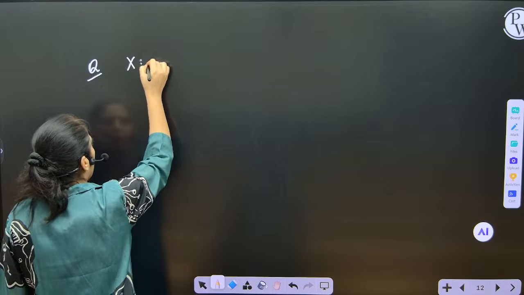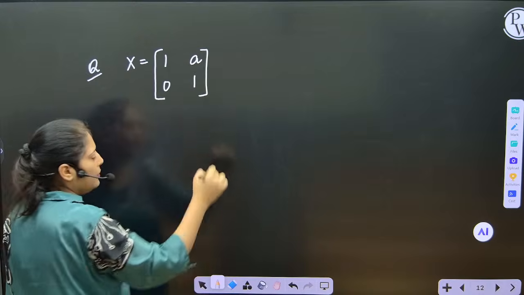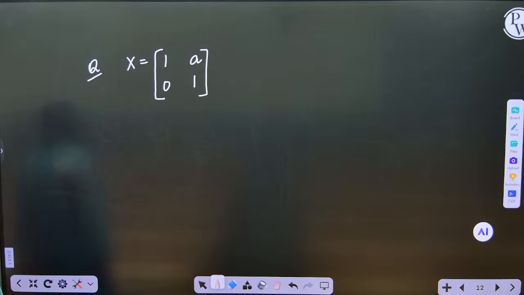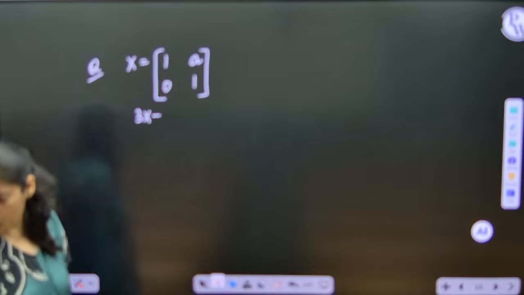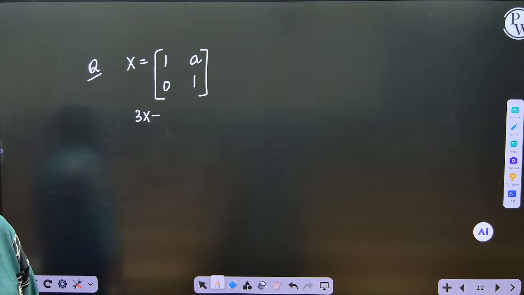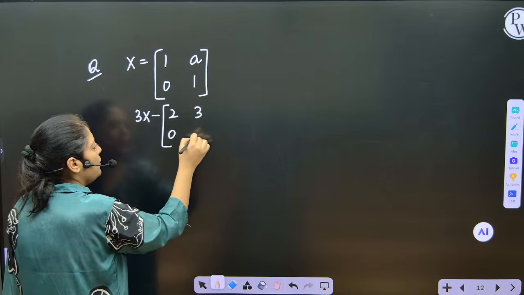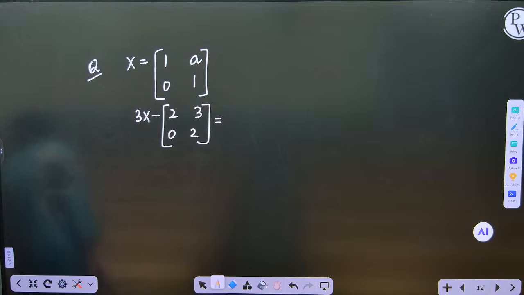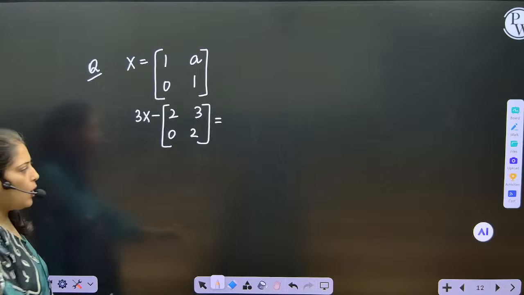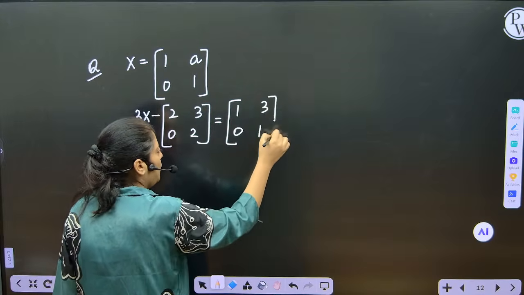First, X matrix is given as 1, A, 0, 1. And it is also given as 3X minus another matrix 2, 3, 0, 2. After applying this operation, the answer is already given to us, we'll get 1, 3, 0, 1.